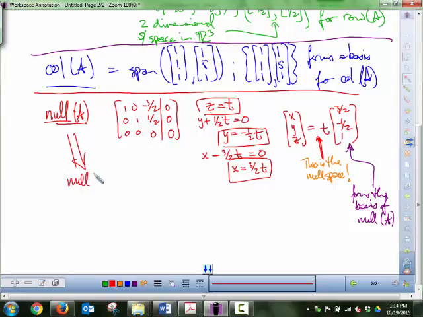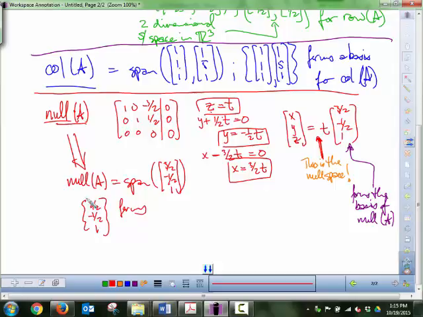So we can say null of A equals span of this one vector, 3/2, negative 1/2, 1. So that means this vector, 3/2, negative 1/2, and 1 forms a basis for the null space.